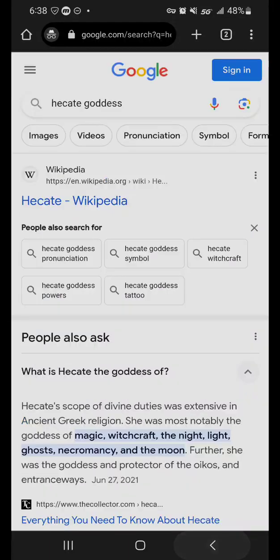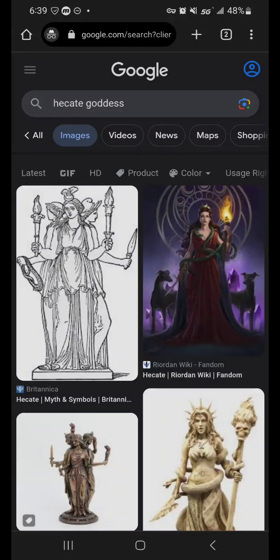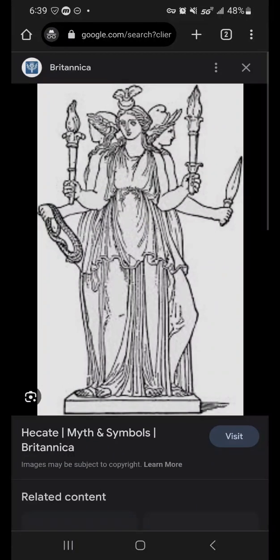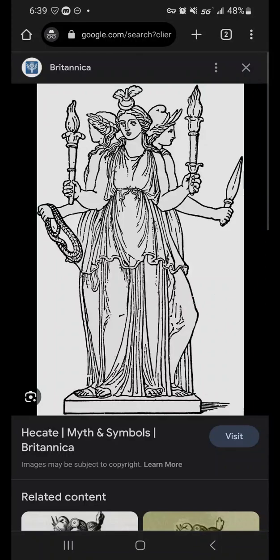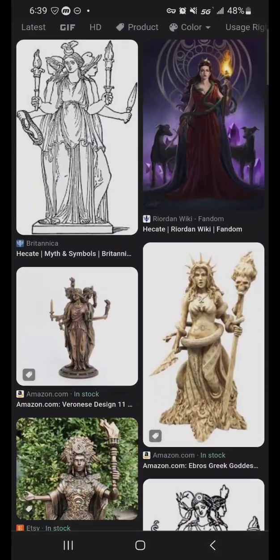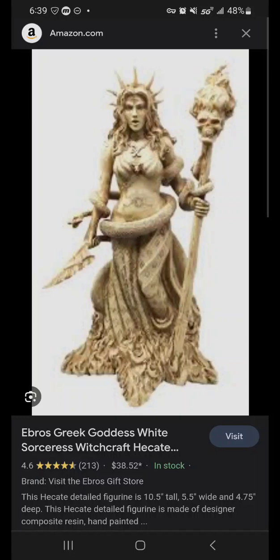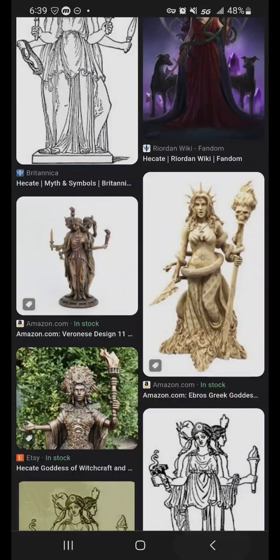We go to images here. Again, in later depictions it's shown as 3 people, but the original depictions show basically a woman holding a torch with 7 horns in her head, just like the so-called Statue of Liberty, man.